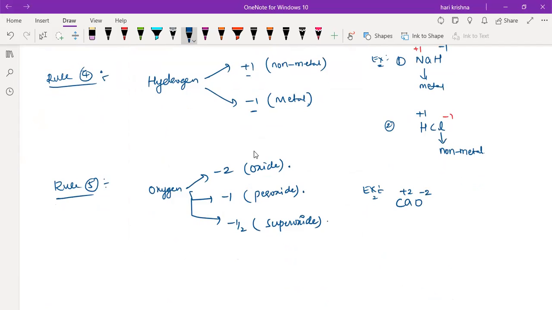Now, if the oxygen is in the -2 state, what can we call it? Oxide. Calcium oxide. So we'll call it an oxide. First one finished. Second one.